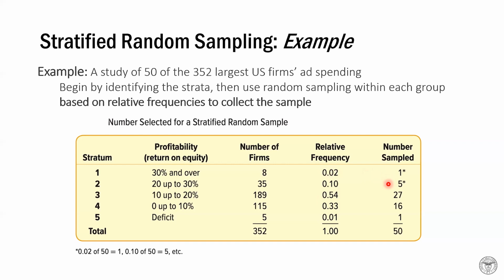In this case, the number of firms sampled from each stratum is proportional to the stratum's relative frequency in the population. Stratified sampling has the advantages, in some cases, of more accurately reflecting the characteristics of the population than does simple random or systematic random sampling.